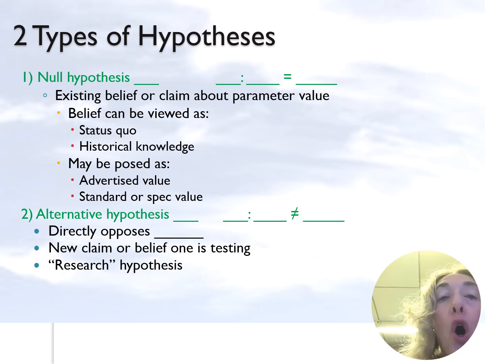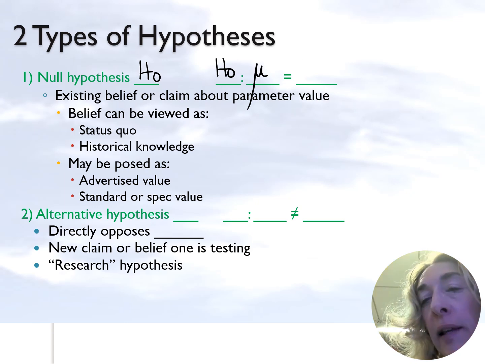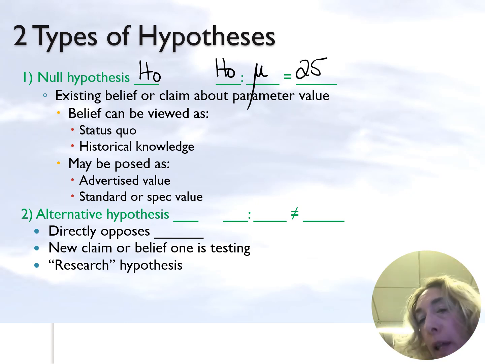There are two types of hypotheses. The first is known as the null hypothesis, and we label that as H sub 0. An example of a null hypothesis might look like this: let's say we want to test a belief about a population mean. H0: mu equals some value that we believe it is.